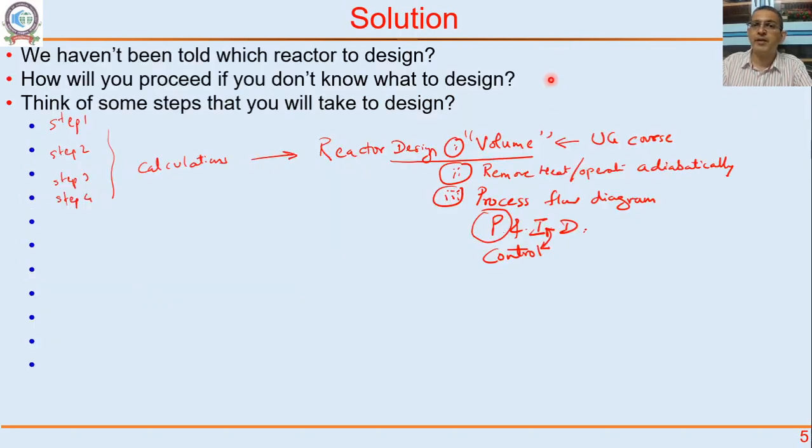It's a real life scenario. You have to decide everything that you want, but you have to ensure 12,000 tons per annum. You have to ensure conversion. You have to ensure safety.